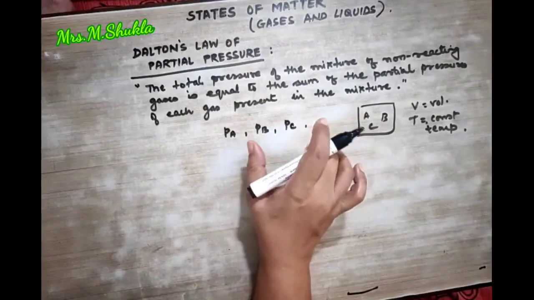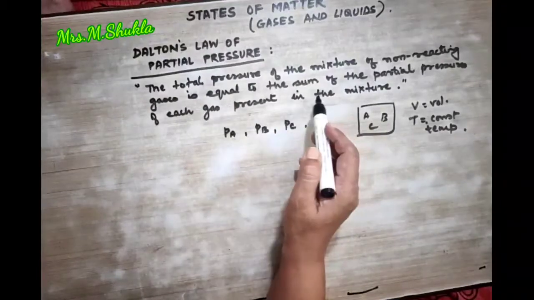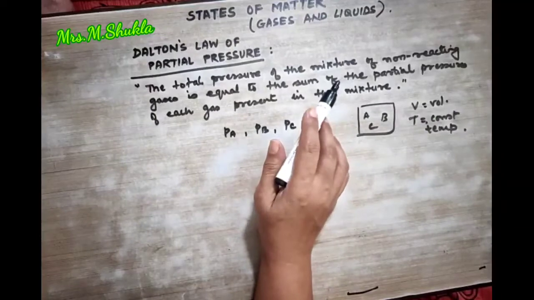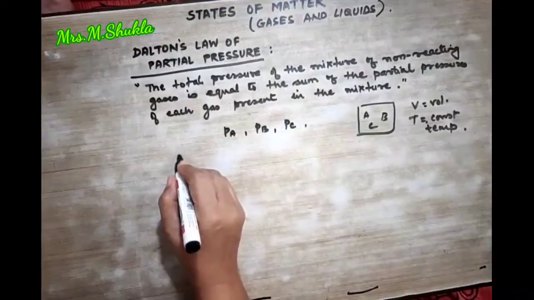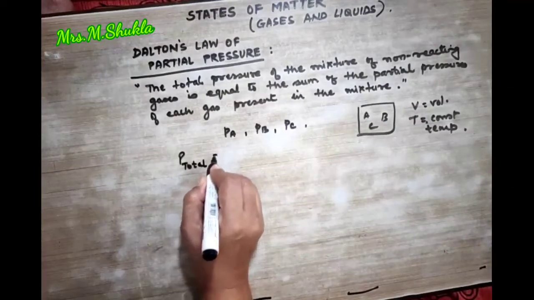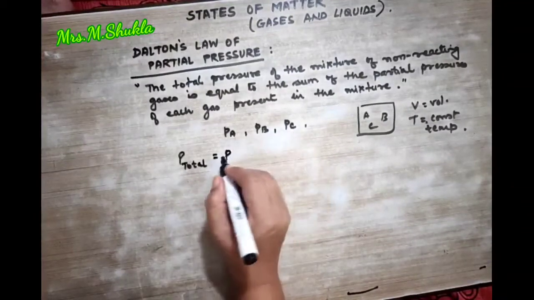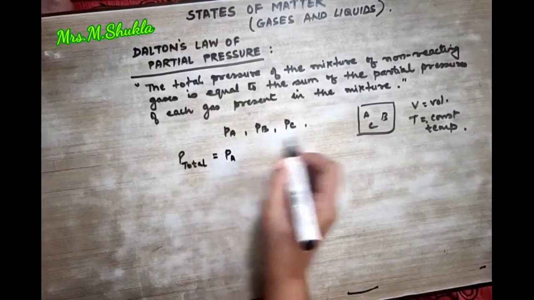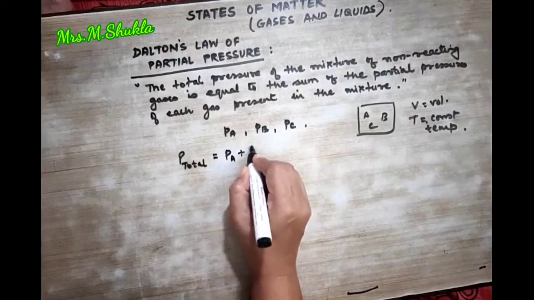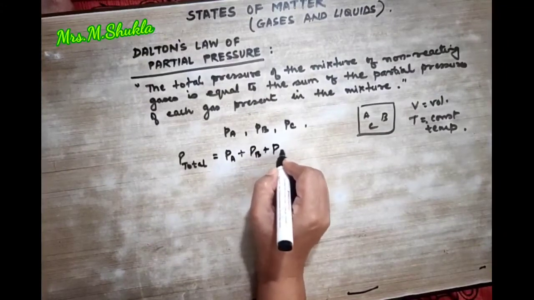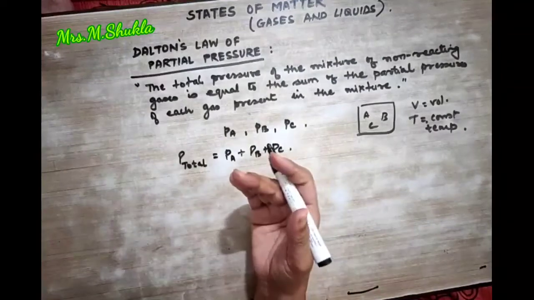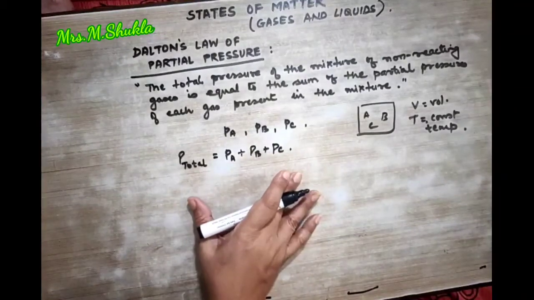Now according to Dalton's theory, if you read this definition, what does it state? That the total pressure of this mixture will be equal to the sum of all the partial pressures of the non-reacting gases present in the container. This is your total pressure, and these are your partial pressures.